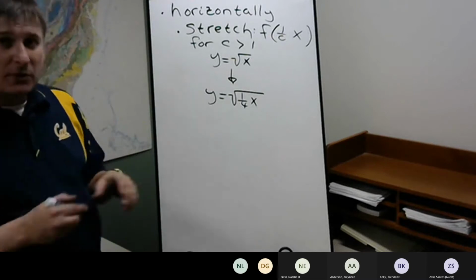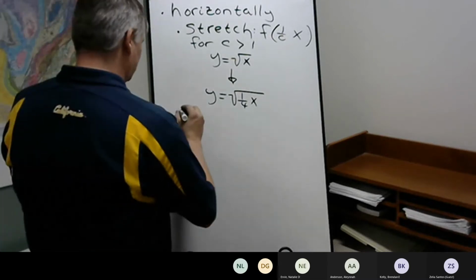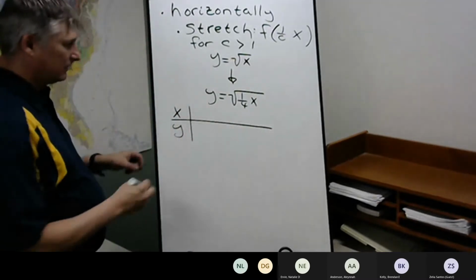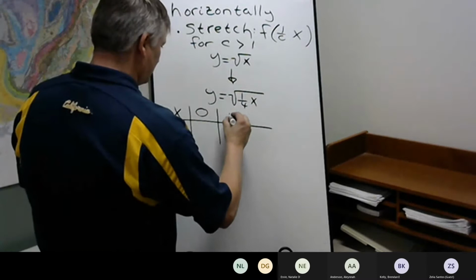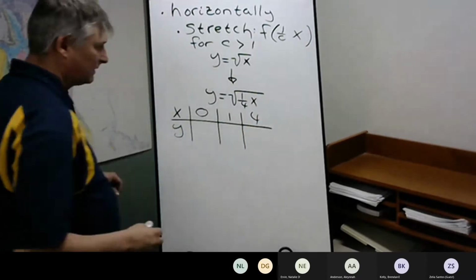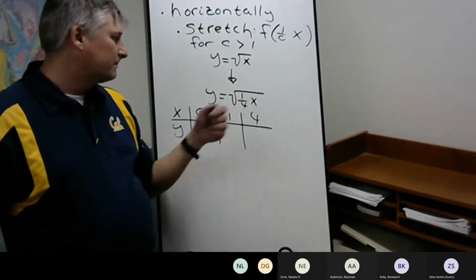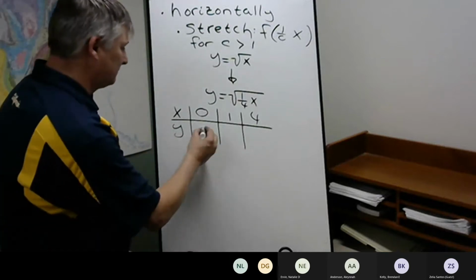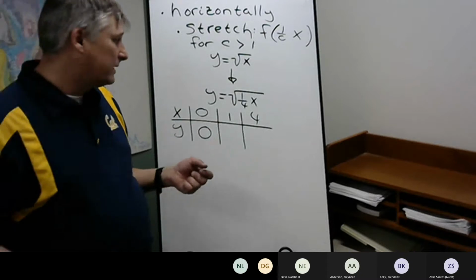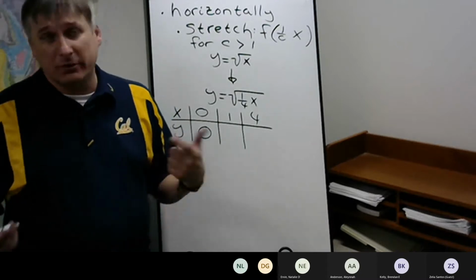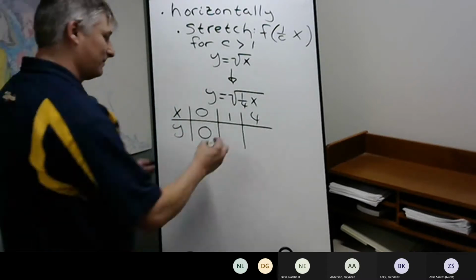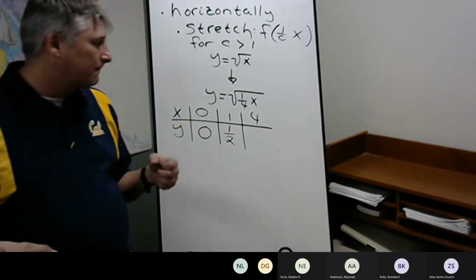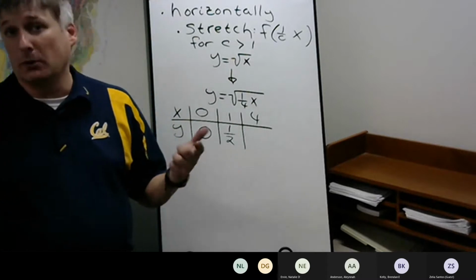So if we do our xy chart, if you put in a 0, 1/4 of 0 is 0, square root of that is still 0. Let x be 1. Well, x times 1/4 is 1/4, square root of 1/4 is 1/2. For 4, 4 times a fourth is 1, square root of 1 is 1.